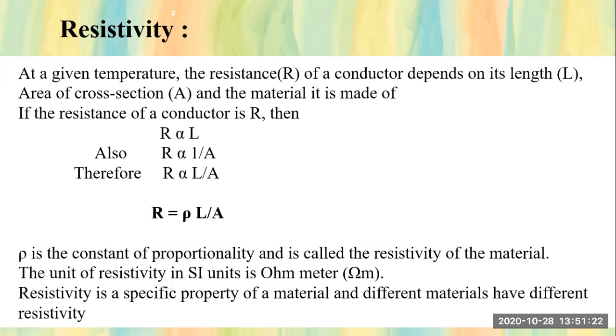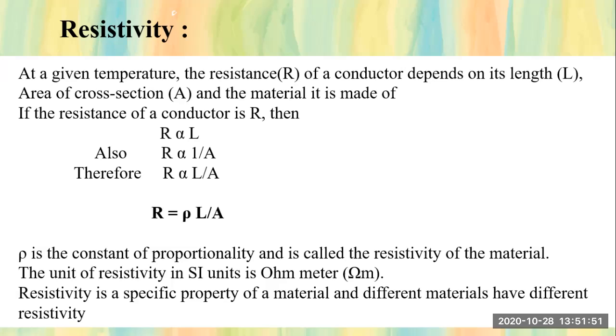It depends on its length and on its area of cross-section, and the third one is the material it is made up of. What is the material of that conductor? It depends on these three things.